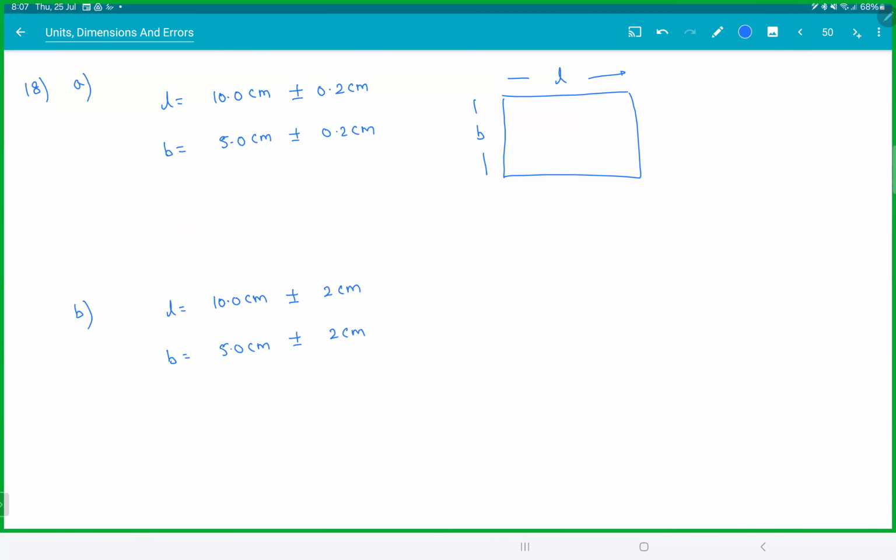Find percent error in area, both the things. This is a good one. First one is the standard question. Second one actually tests what you understood. Get them both.